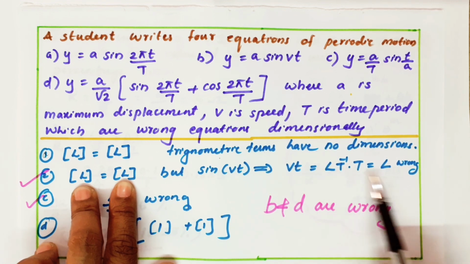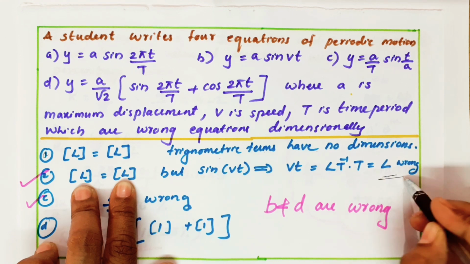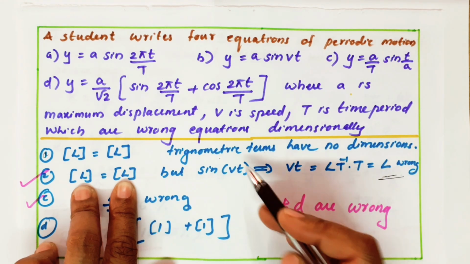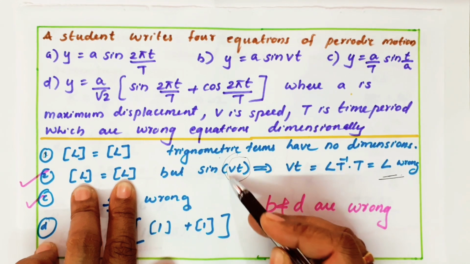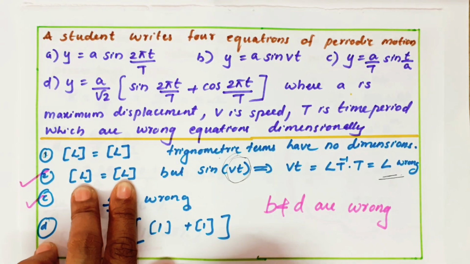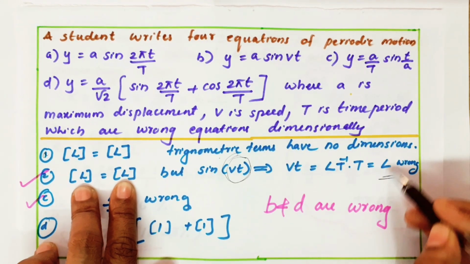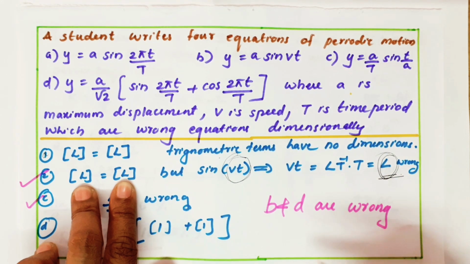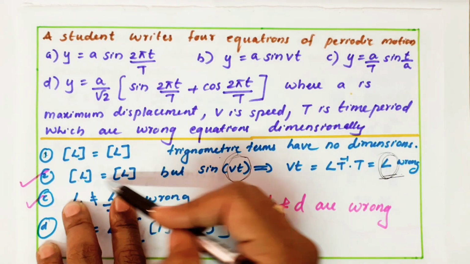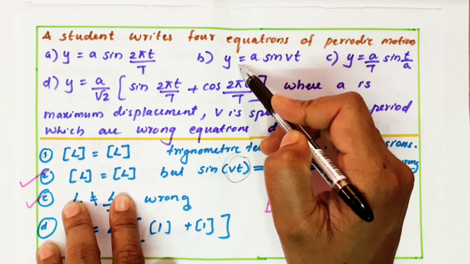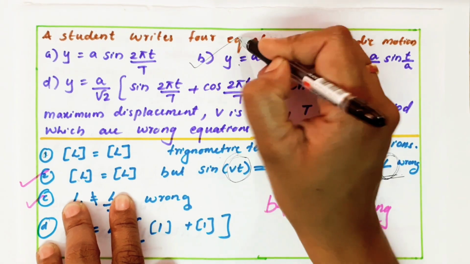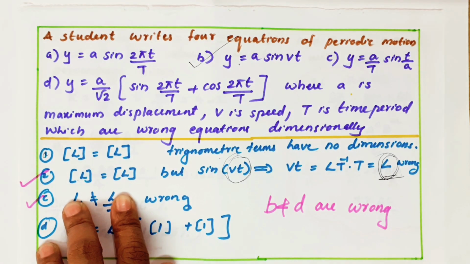Time T. But if you check, I am getting a dimension inside the trigonometry. Inside the trigonometry, I am not getting dimension as 1. I am getting a dimension of L. It is wrong. So the second equation is wrong.